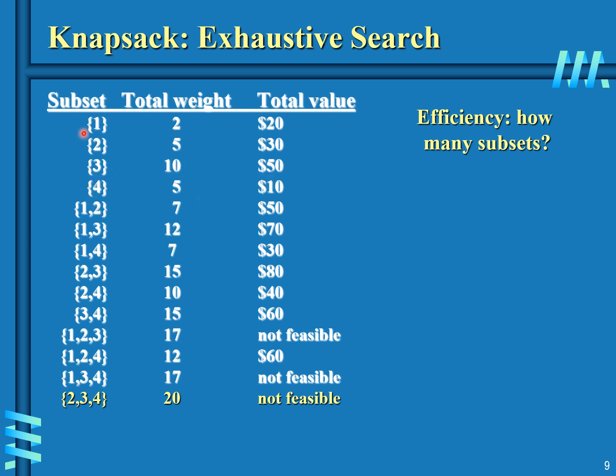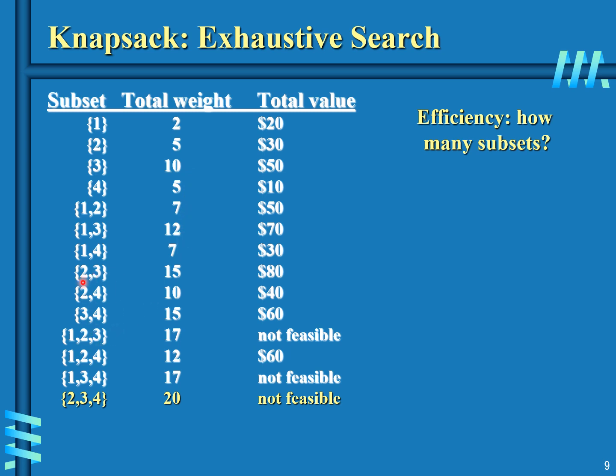These are the single-item subsets. Then you go for the two-item subsets. If you consider items 1 and 2 together, you add the weights: 2 plus 5 is 7, the total weight. Then add the values: 20 plus 30 is 50. If you consider items 1 and 3, you add the weights of the first and third items: 10 plus 2 is 12. Likewise.